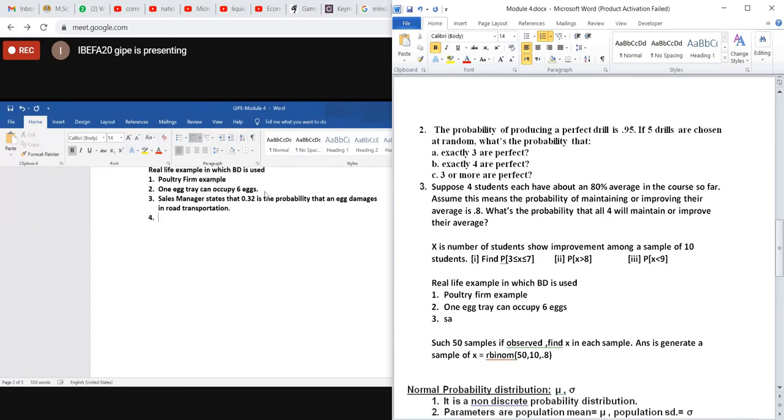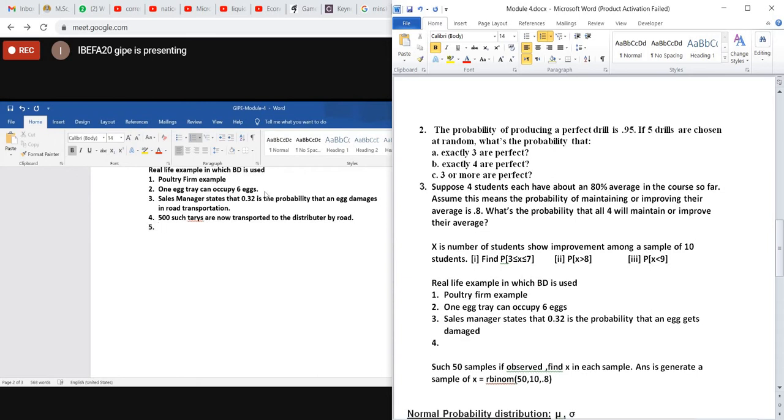Four. 500 such trays are now transported to the distributor by road. 5.